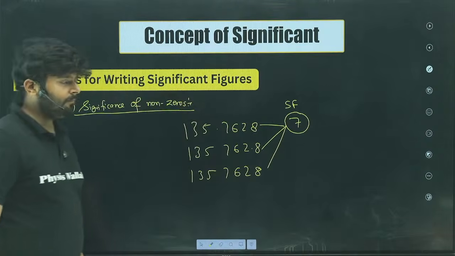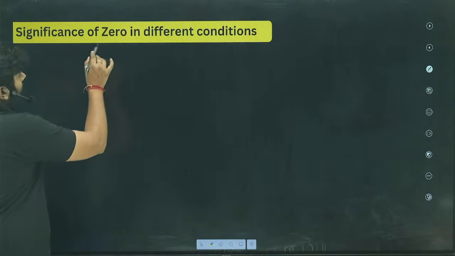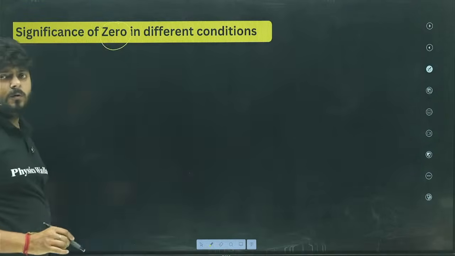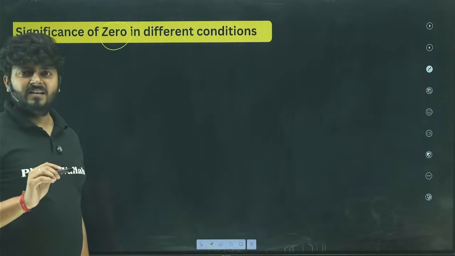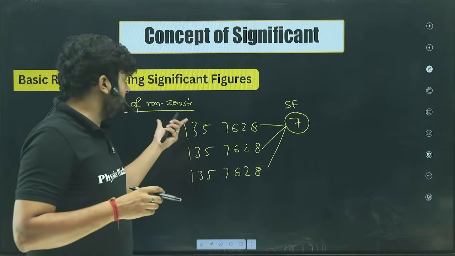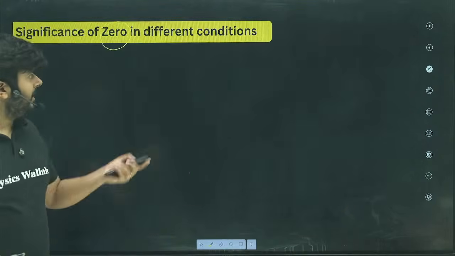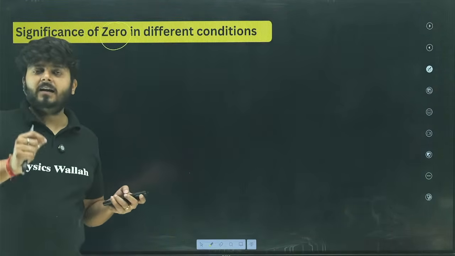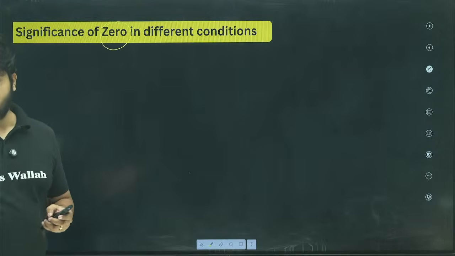Now, how will you decide the significance of 0 in different situations? My dear kids, non-zero is always significant, but 0 is significant only in specific circumstances, right?